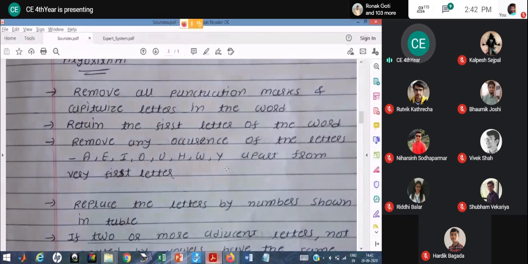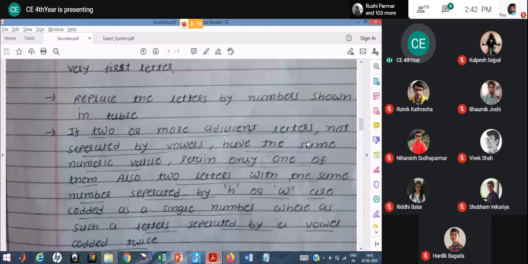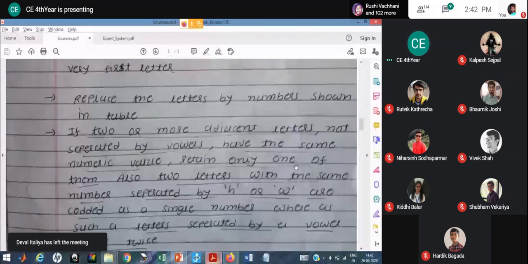Then the next step of the algorithm is replace the letters by numbers. Replace the letters by the numbers shown in a table. All of you know the table is given. Thereafter, if two or more adjacent letters not separated by a vowel have the same numeric value, then you have to retain only one of them.